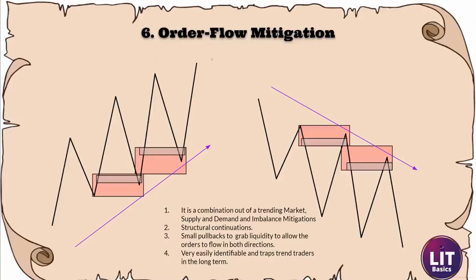If we go all the way back, that would be your supply and demand combined with imbalance mitigations to get those refined mitigations. So it's just small pullbacks to grab liquidity and allow order to flow in both directions. Very easy to identify, and it's also very good for trapping people in the long term.